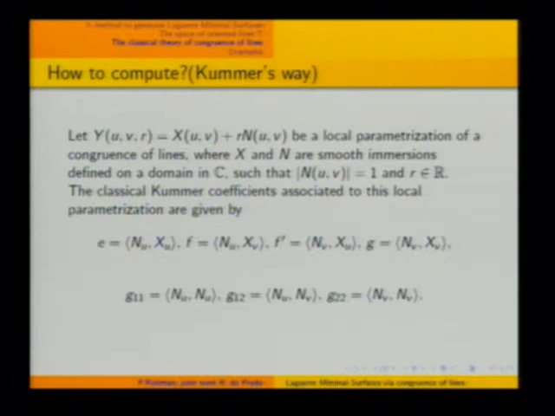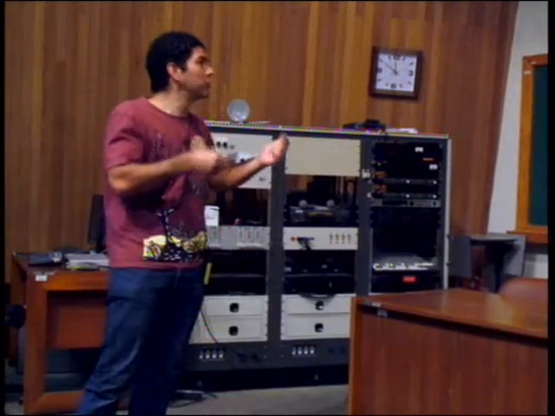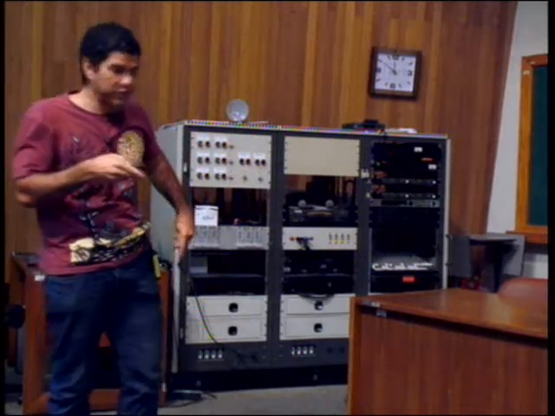Then there's the classical way of computing things. That's the way I used, was this Kummer, in 18-something, I don't recall right now. Basically you have two quadratic forms, and you can compute these middle points and limit points in terms of these quadratic forms.